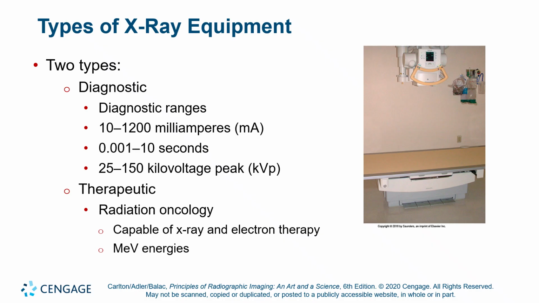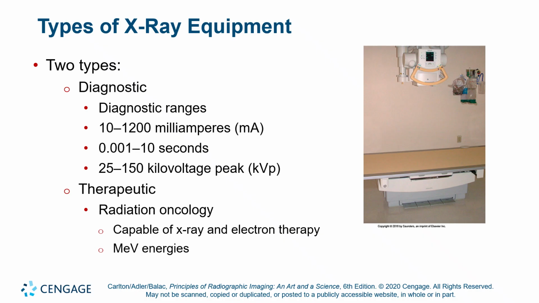Types of X-ray equipment: diagnostic and therapeutic. Therapeutic, we will talk about. That's a whole other class. We'll talk about that in imaging equipment next fall for my students. Diagnostic, typically you're going to have tube currents between 10 mA and 1200 mA.